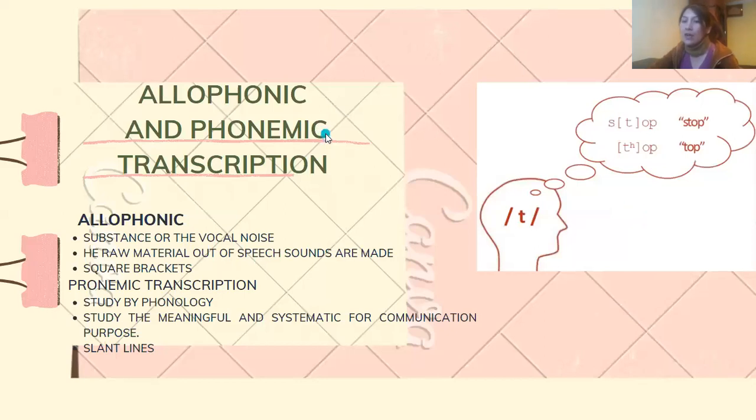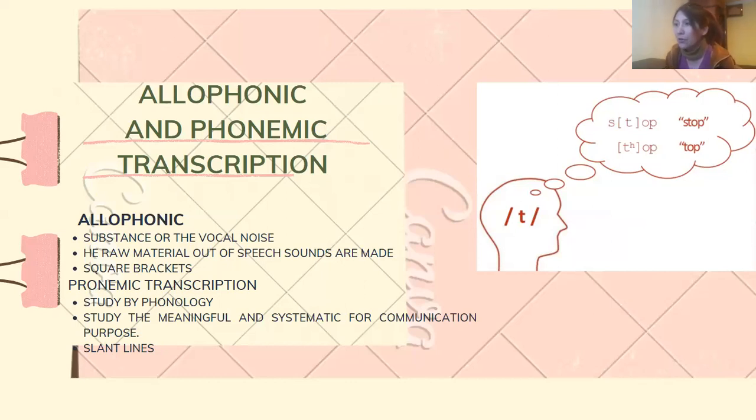We can distinguish allophonic and phonemic transcription. What is the difference between those? We use transcription in two different ways, depending on the situation, whether we refer to allophones or phonemes.